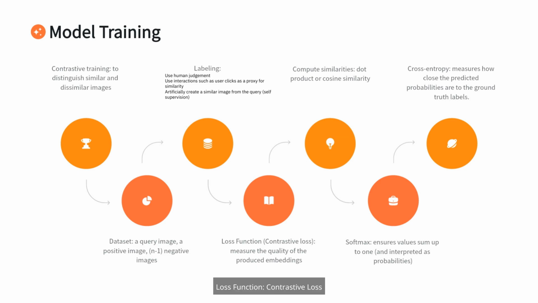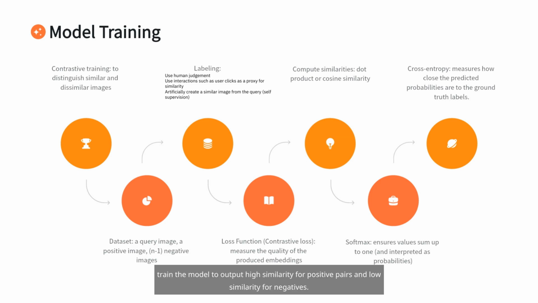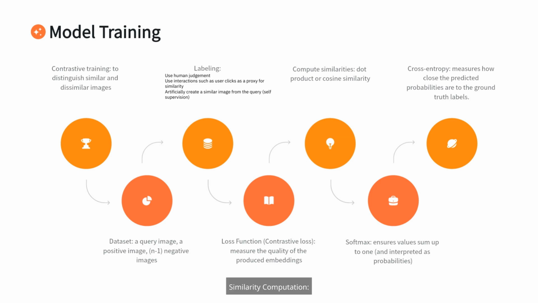4. Loss function, contrastive loss. We use contrastive loss, or variants like InfoNCE or triplet loss, to train the model to output high similarity for positive pairs and low similarity for negatives. Similarity computation, usually via dot product or cosine similarity between embeddings.